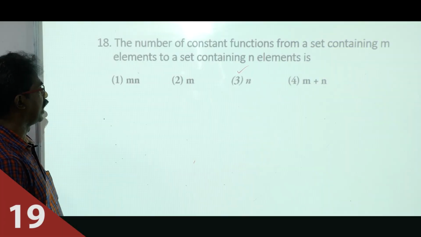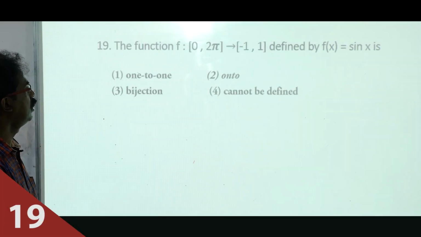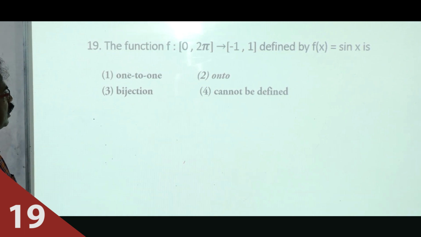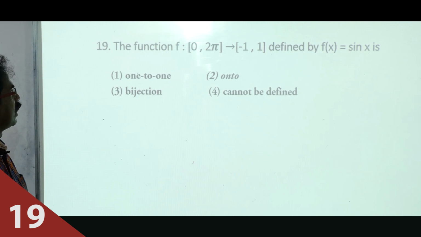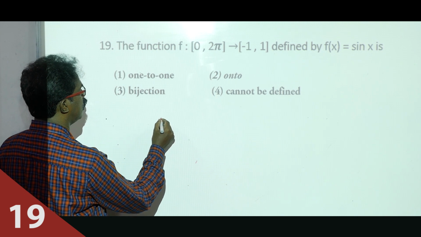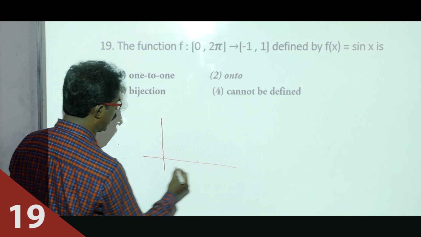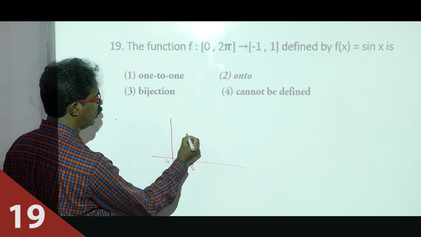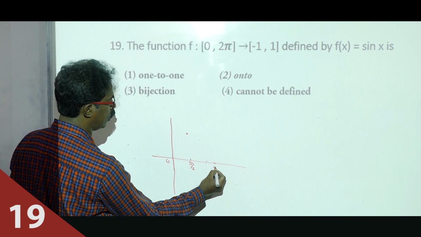Now let us go for the 19th question. The function from 0 to 2 pi to minus 1 to 1 defined by f of x is equal to sin x. The function is 0 to 2 pi. You know what is sine function? Sin 0 is 0. Sin 90 is 1. Sin 180 is 0.